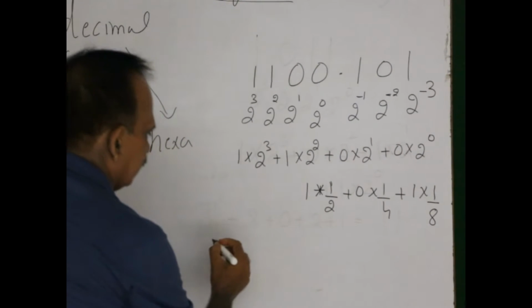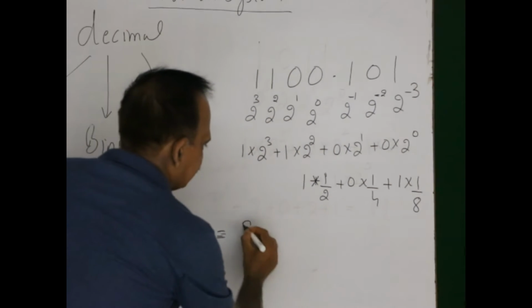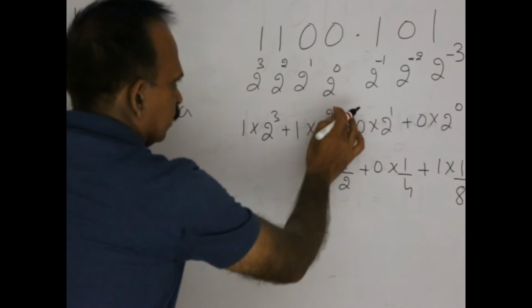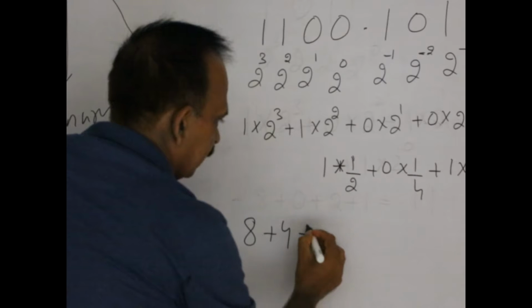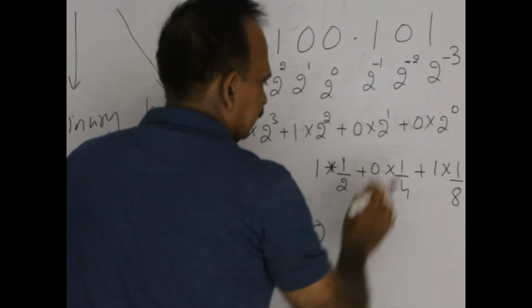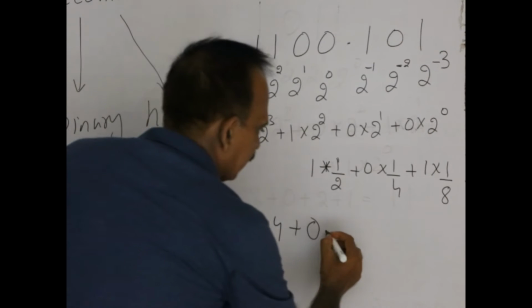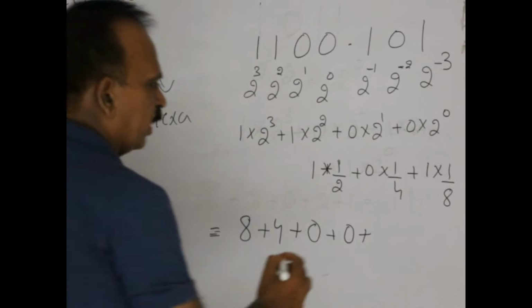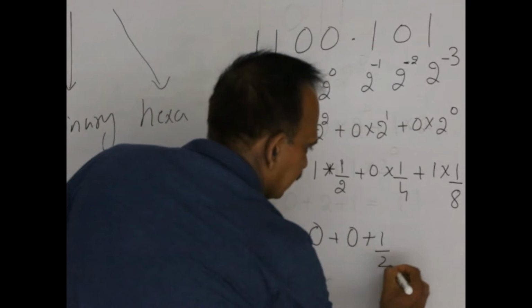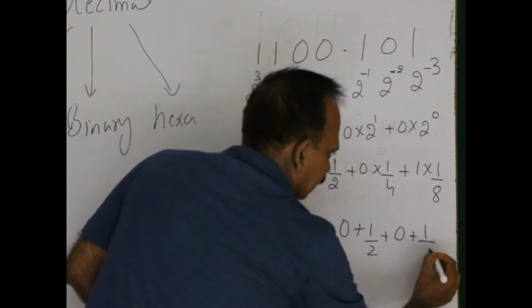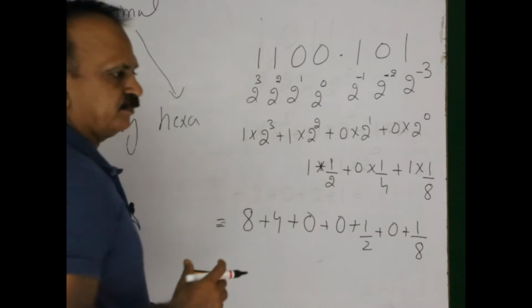After simplification, this will be 8, 2 raised to the power 3, plus 4, 2 raised to the power 2, plus 0. 0 multiplied by anything is going to be 0, plus again 0, plus 1 by 2 plus 0 plus 1 by 8.